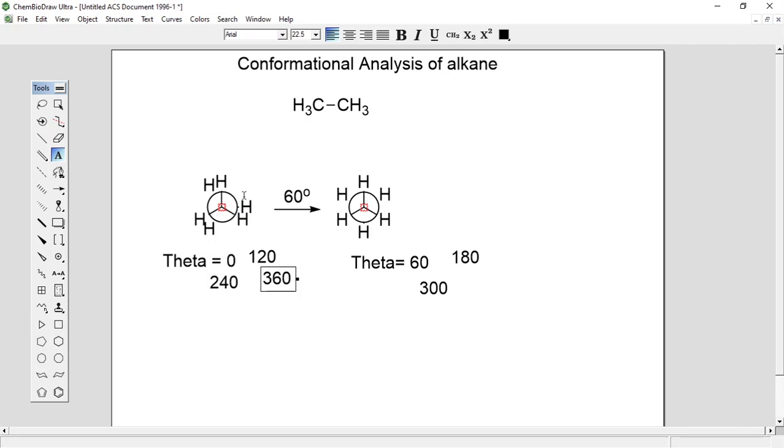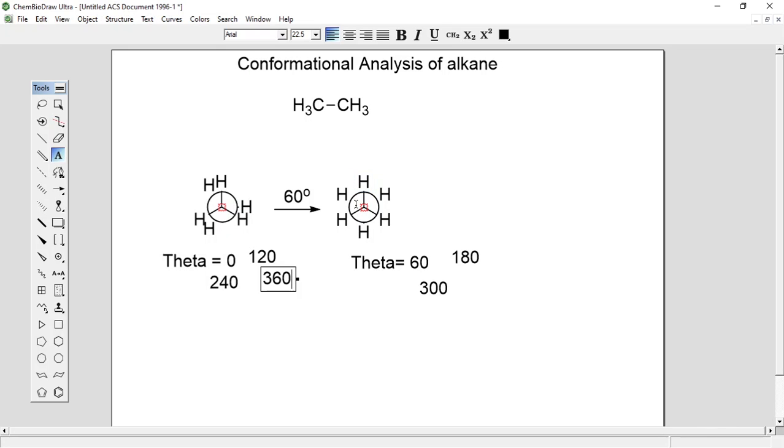This is your eclipsed conformation, and this theta represents the angle between the hydrogen on the first carbon and the hydrogen on the second carbon. This angle is 0 degrees. When you rotate this by 60 degrees you will get the staggered conformation.